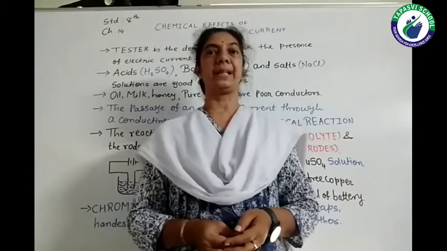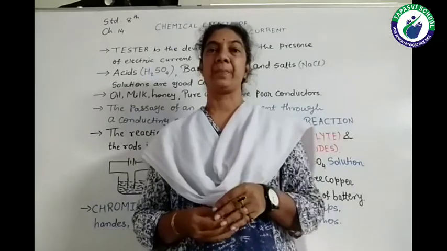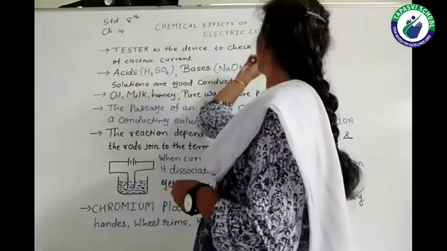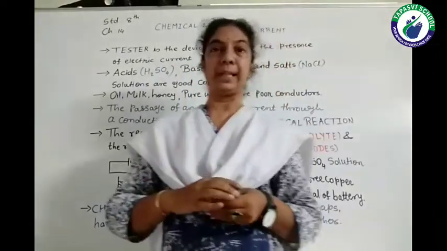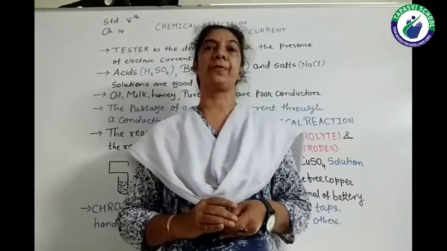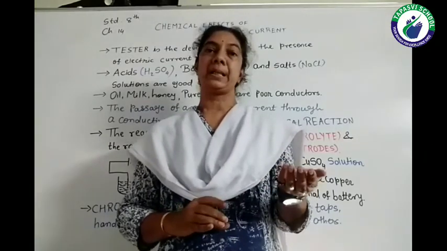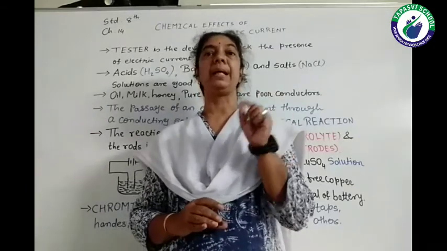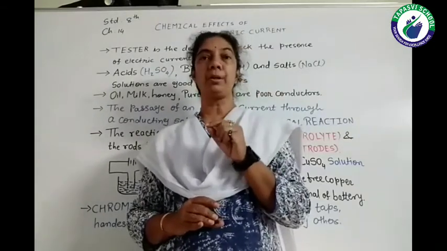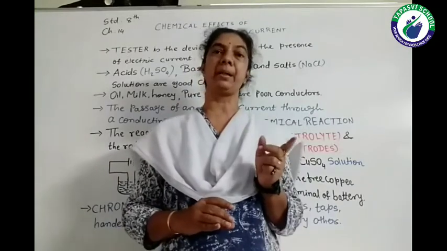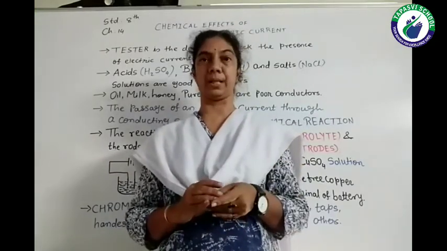In today's activity, you have seen the tester, that means the device to check the presence of electric current. We can have different types of tester. It is made up of a conductor, a battery and an LED. Or instead of LED, we can connect the magnetic compass as you have seen just now.